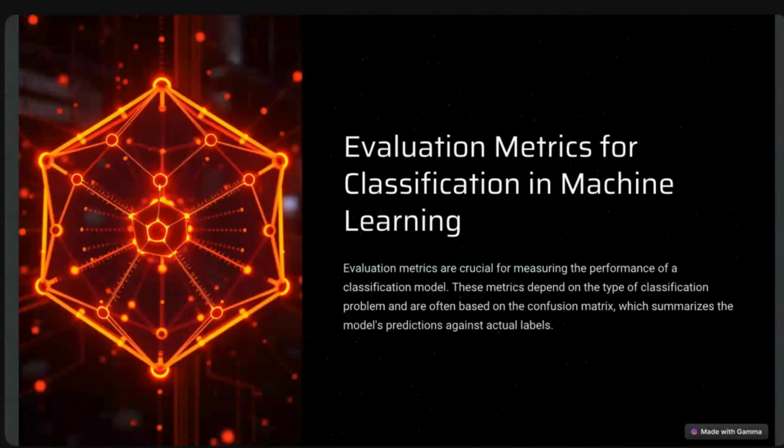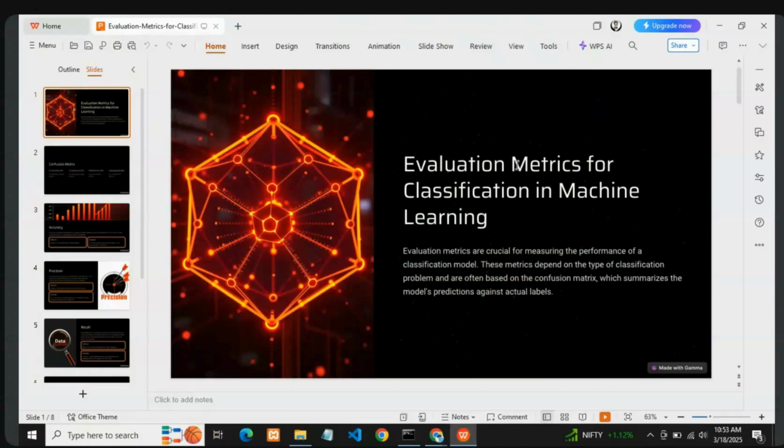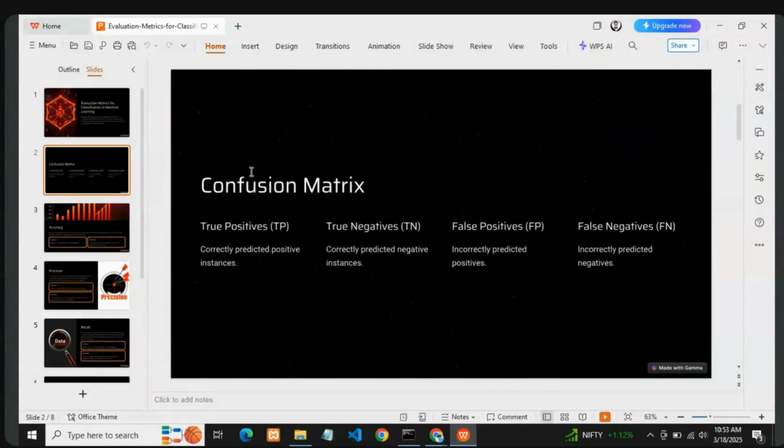These evaluation metrics are crucial for measuring the performance of a classification model. They are often based on the confusion matrix, which summarizes the model's predictions against the actual labels. Does anyone know what is meant by labeled data?